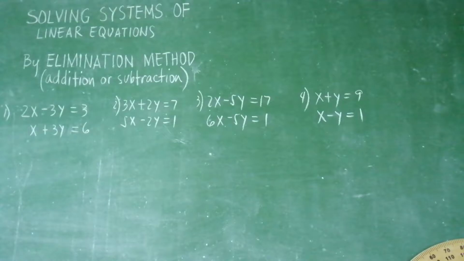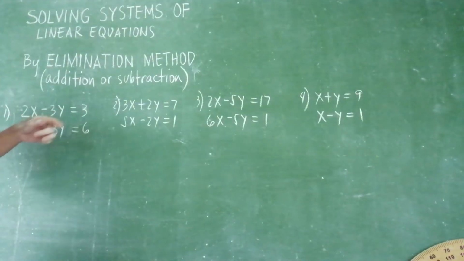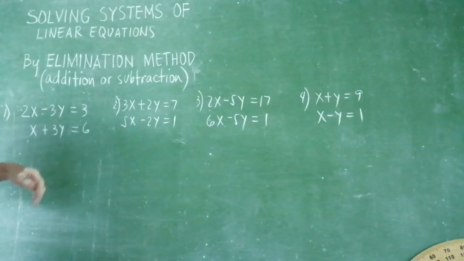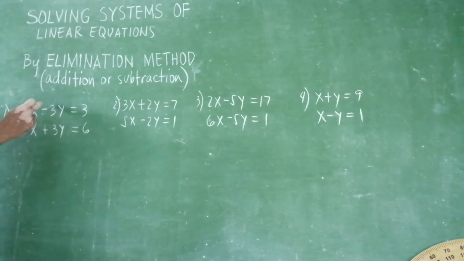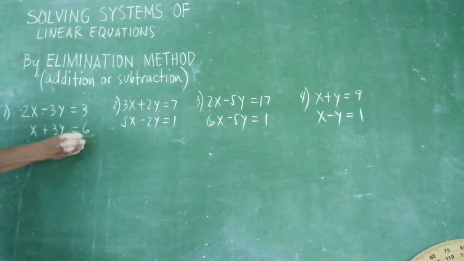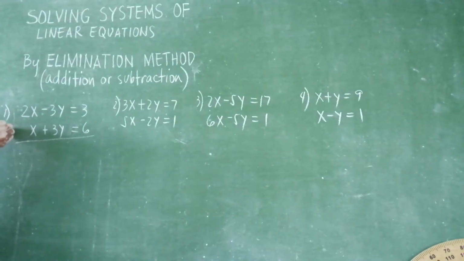We are going to solve these equations here. For number 1, 2x minus 3y equals 3 and x plus 3y equals 6. In order to eliminate one variable, in this case we are going to add.